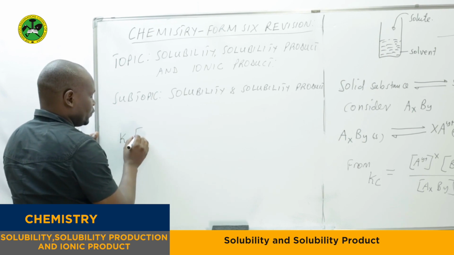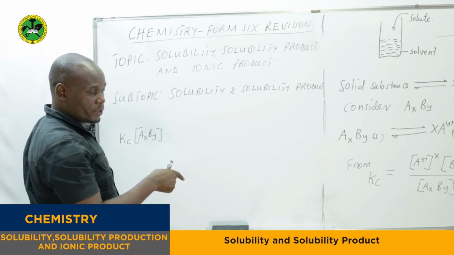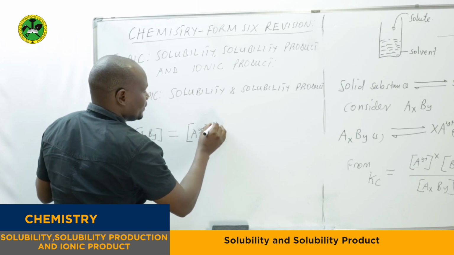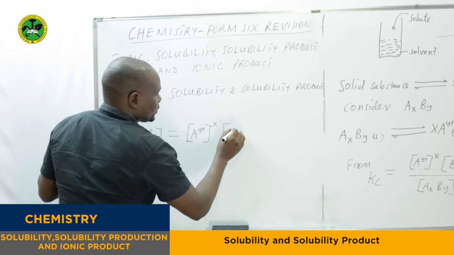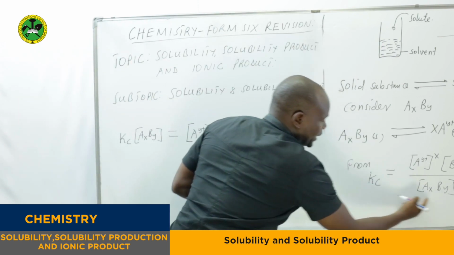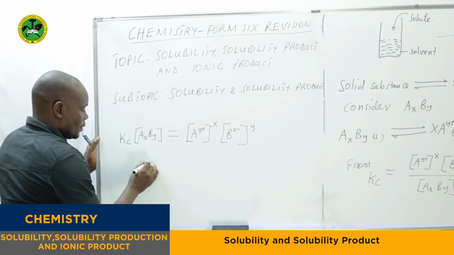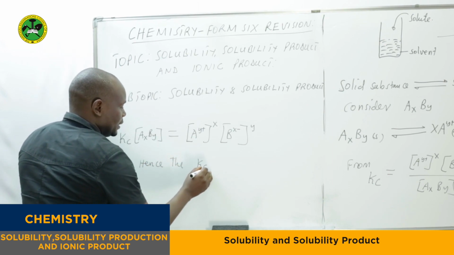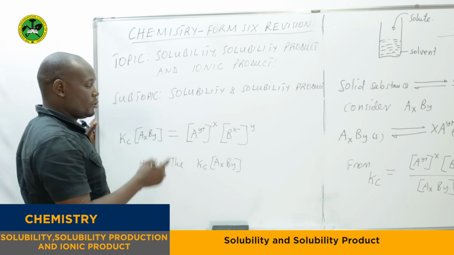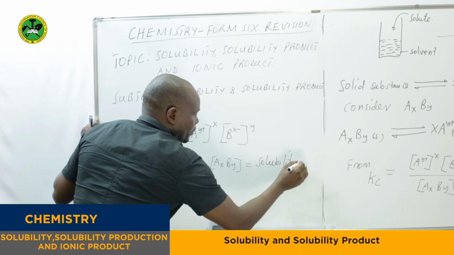Kc times the concentration of AxBy, the solid which undergoes dissolution, equals the concentration of A to the power y positive raised to the power x, times the concentration of B to the power x negative raised to the power y. The concentration of the solid is negligible, very small, so we neglect it. The expression Kc times the concentration of AxBy gives us another constant, which is known as the solubility product.